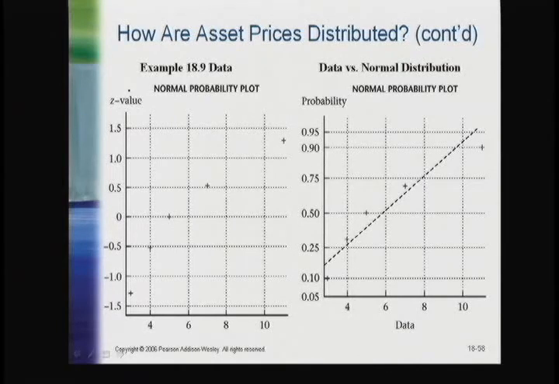And then what one can do is graph what the normal distribution of data would look like. If I had data with a given mean and a given variance, how would the normal distribution with that mean and variance plot? Usually that's represented as a dotted line in the graph.